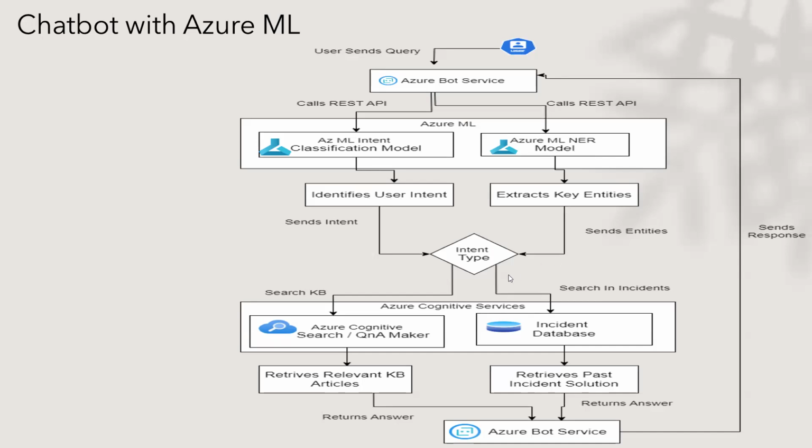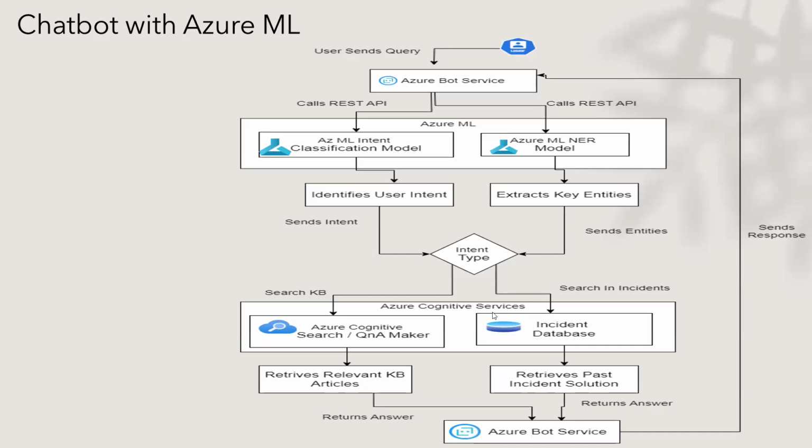the key entities, and it decides what the intent type is. Based on the intent type, Azure Cognitive Search or QnA Maker, which are two cognitive services, is called.